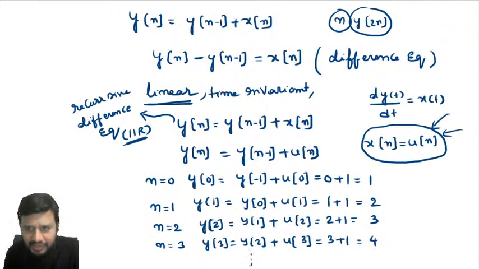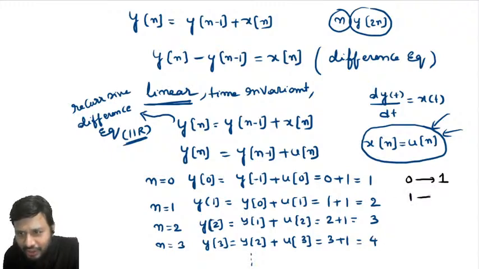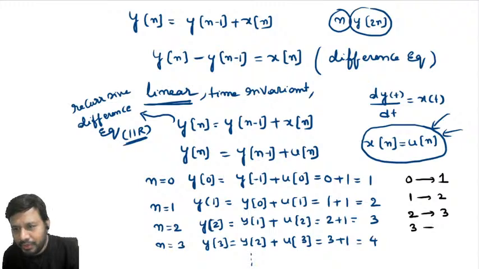Now, this is the nature. Observe here. One interesting thing is, for n is equal to 0, output is 1. For n is equal to 1, output is 2. For n is equal to 2, output is 3. For n is equal to 3, output is 4.